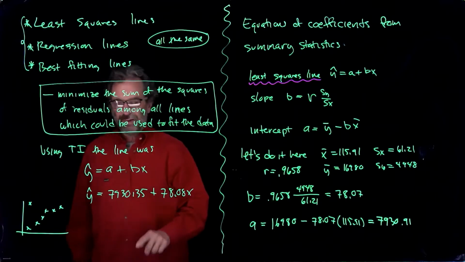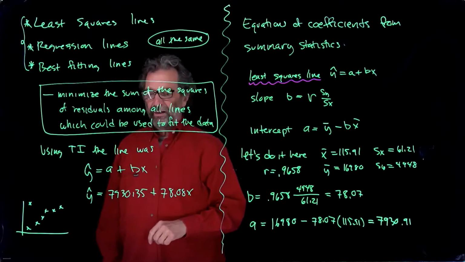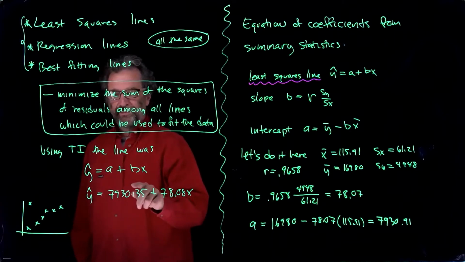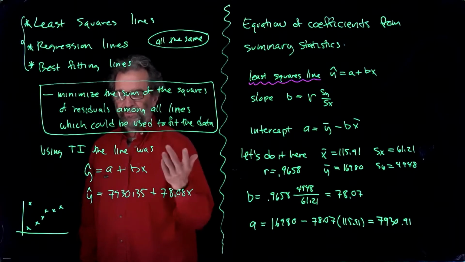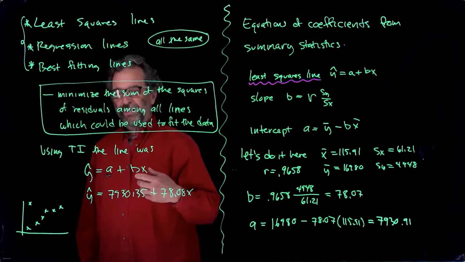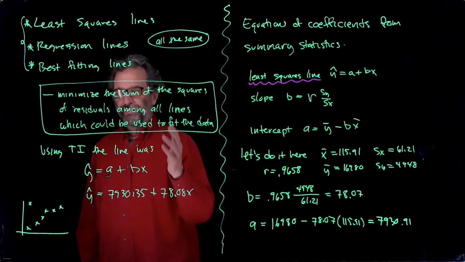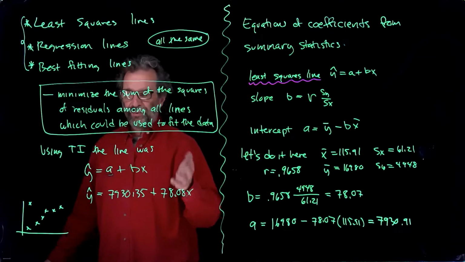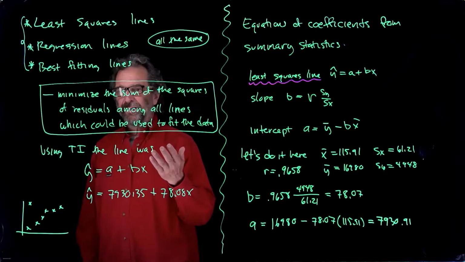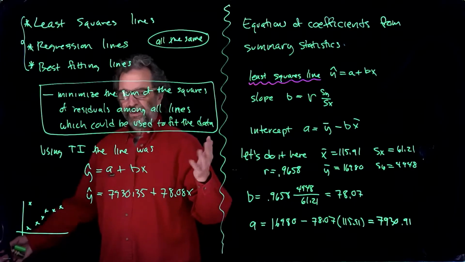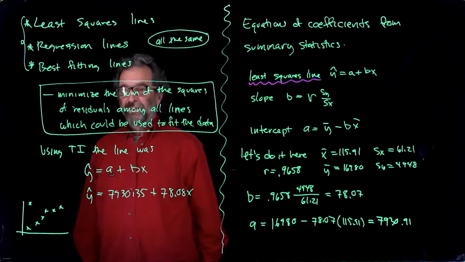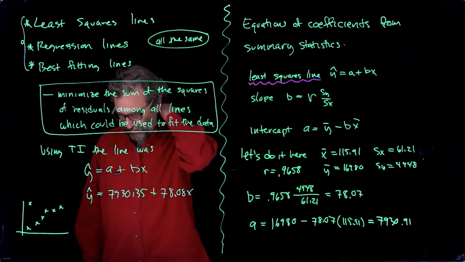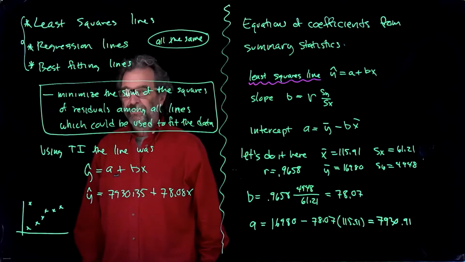So basically you just write down a plus bx, and you find a formula for the residuals, which you look at the predicted y and the observed y, and then you look at the sum of the squares of the residuals, which is observed minus predicted squared, and you apply calculus to that, take the derivative, set it equal to 0, stuff like that. And you can find the equations for a and b. Kind of cool.